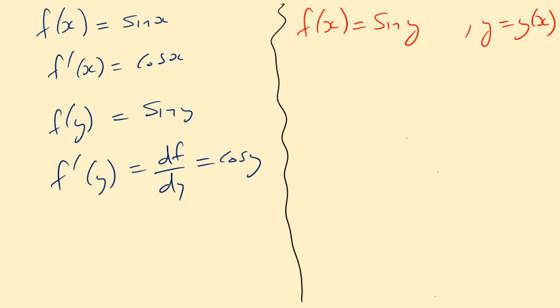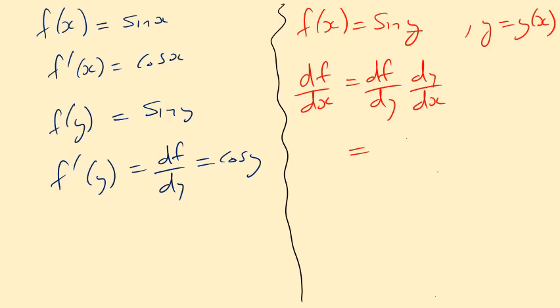If I want, watch this, df dx, not y, df dx, this would now become df dy times dy dx. But what is df dy? Df dy is the derivative with respect to y of sine y, which is cos y. And I told you, dy dx we write down as y prime.